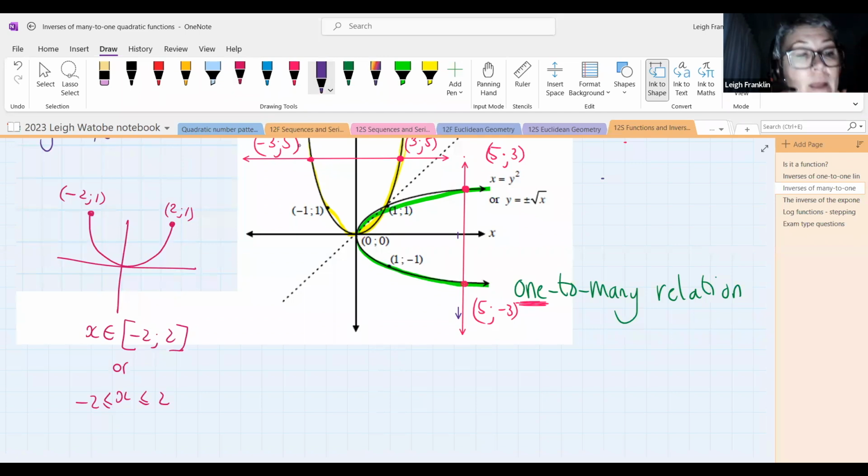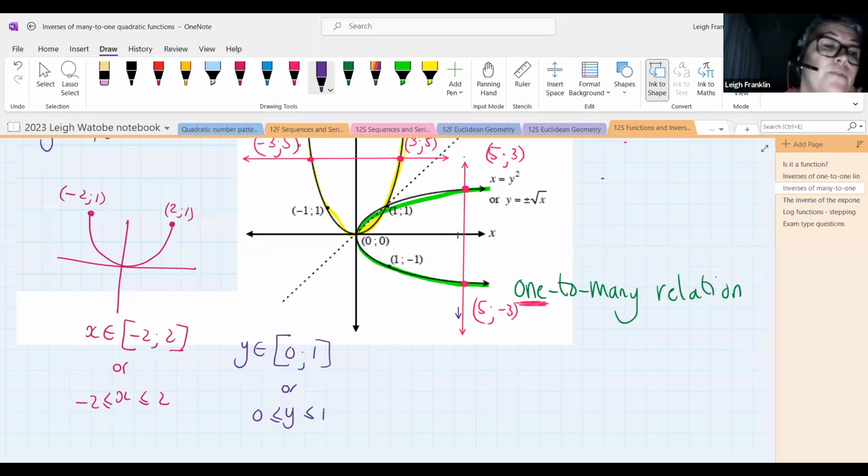So as far as my range is concerned, y is an element from 0 up to 1. Or I can write it as y is greater than or equal to 0, but smaller than or equal to 1. So there's an example of me restricting both the domain and the range. Okay, Yanela, I hope that makes sense.